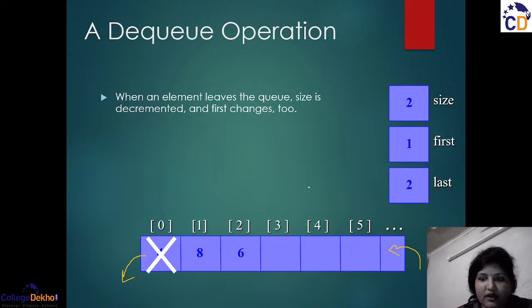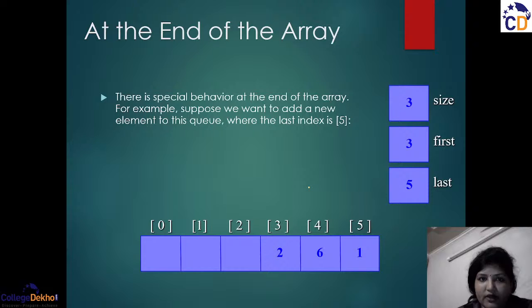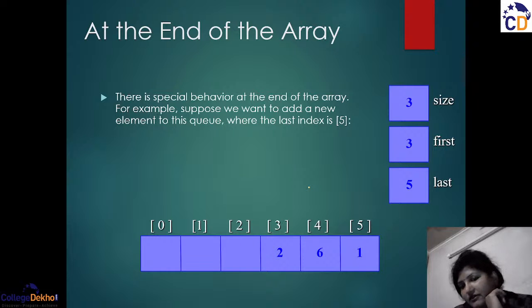Now if we have DQ, we have NQ. At the end of the array there is a special behavior, when we are inserting something and performing DQ and NQ like this. For example, suppose we want to add a new element to this queue. The last index would be 5, right?